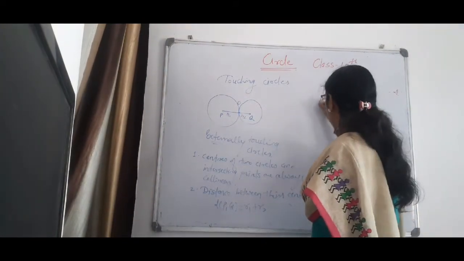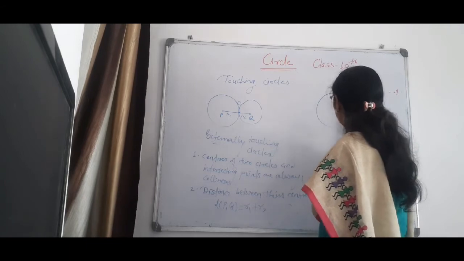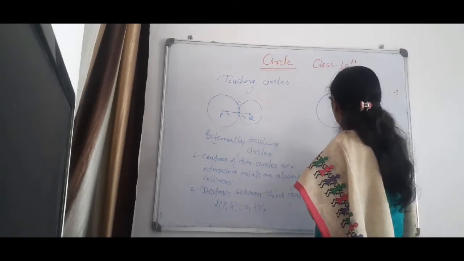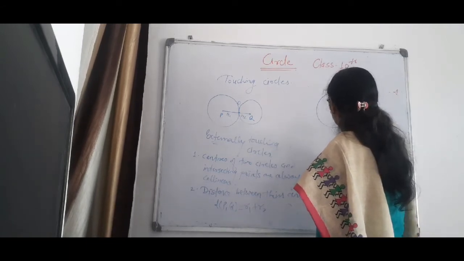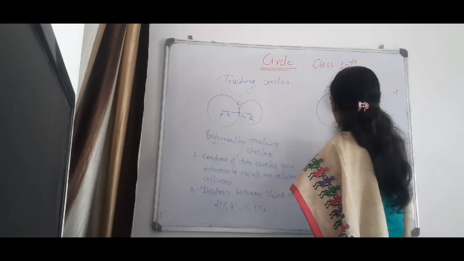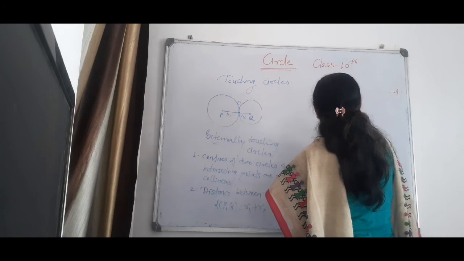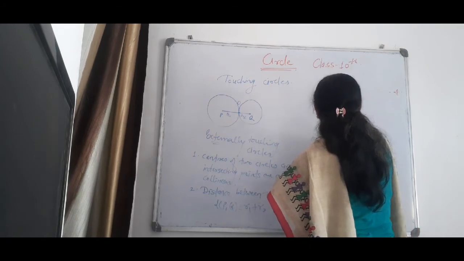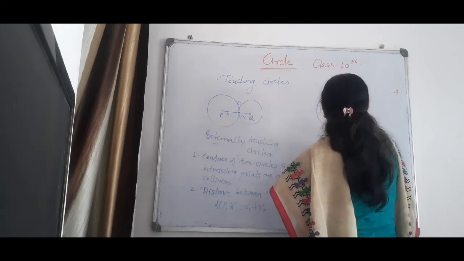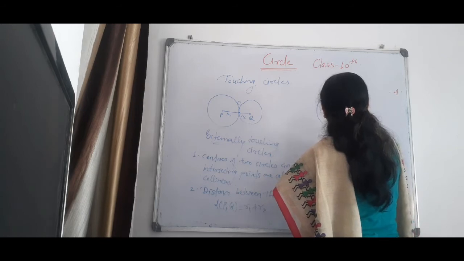Now if 2 circles touch at only one point, then those circles are said to be internally touching or externally touching circles.